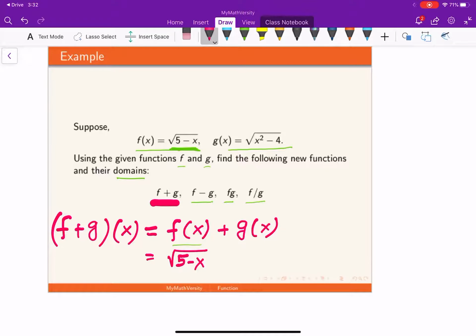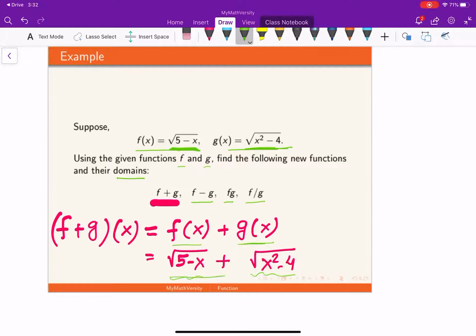And then what is the rule corresponding to g of x? It's the square root of x squared minus 4, so let's also write that. Since we need to add these two functions, let's just add them together. In this case, we cannot combine further, since it's not possible to combine those two radicals, so we can leave it like that.